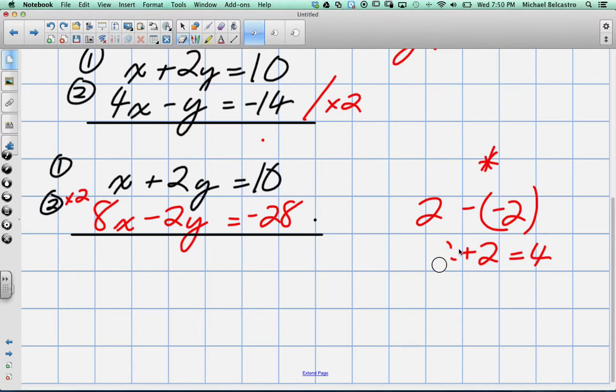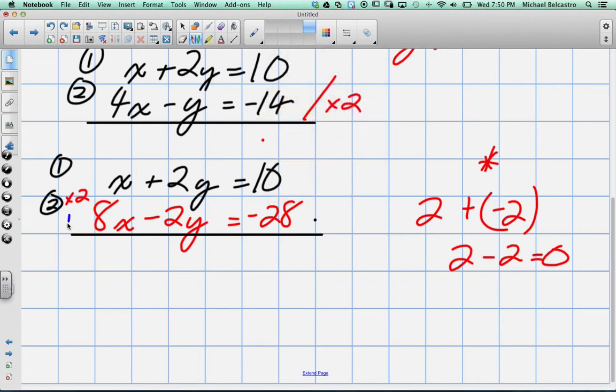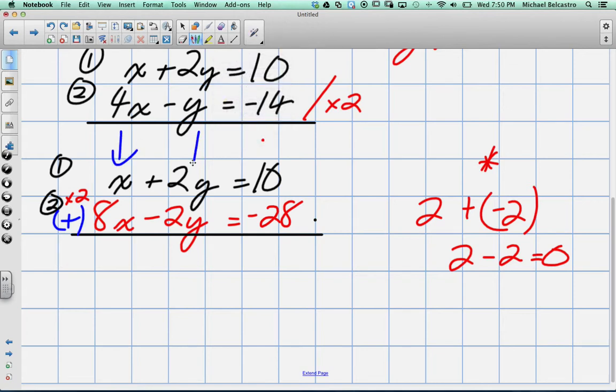We need to use not subtraction, but addition. If we do 2 plus negative 2, it's the same as saying 2 minus 2. And by eliminating, I mean creating a 0. So we're going to add these together. Think of it like we're adding each of the columns with all of the other ones.